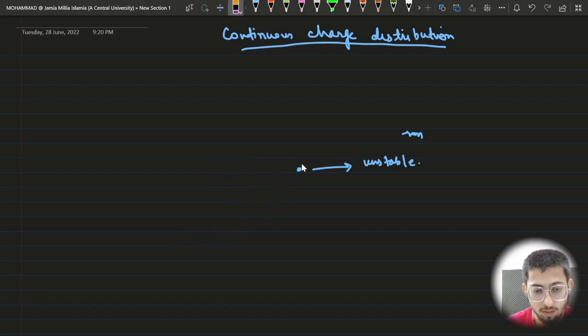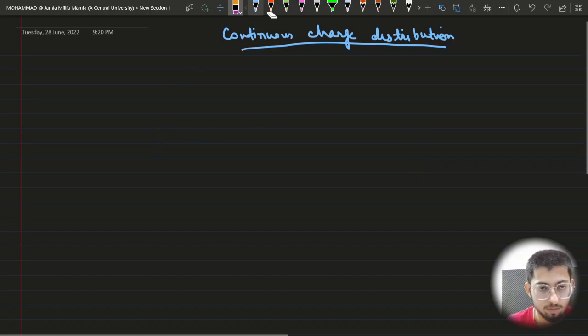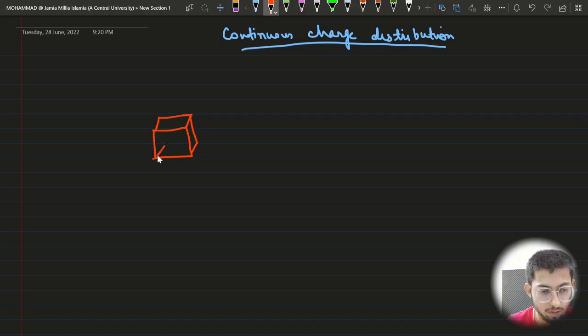We can have this box, just for drawing purposes, or we can have some sphere which is having some charge capital Q. This is not a single charge.